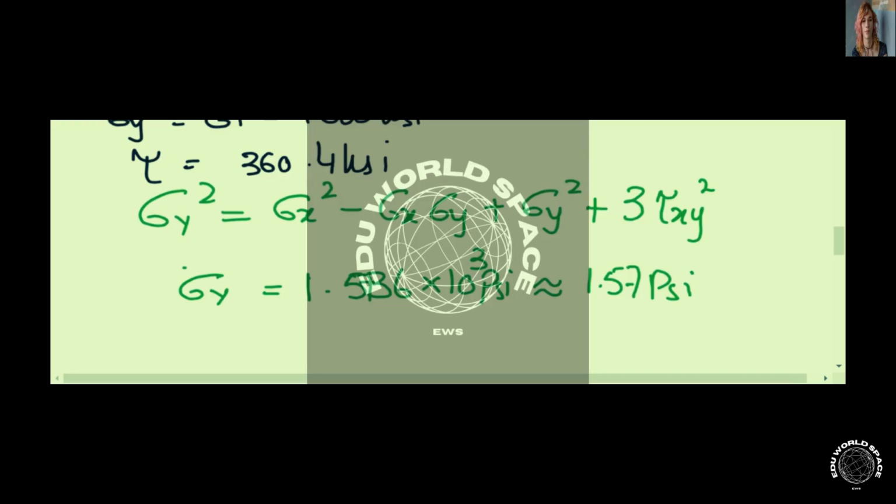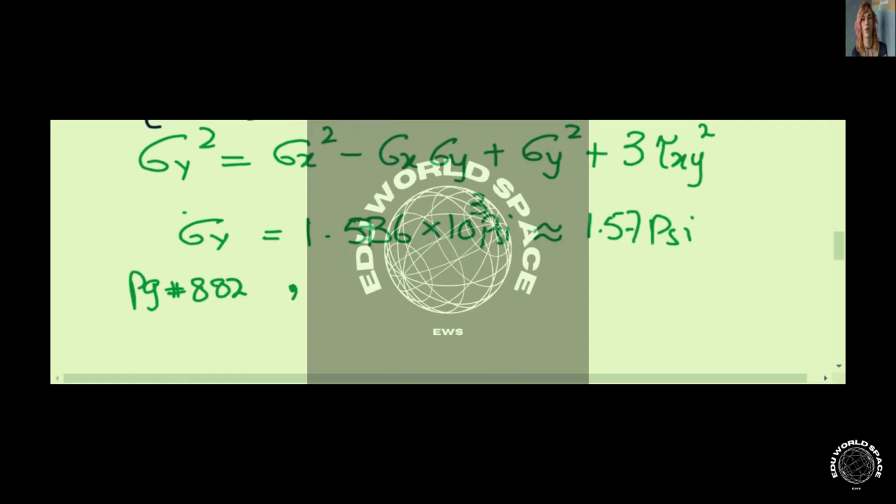Now look at page number 882, and we see that the yield stress for our material is equal to 30 ksi.